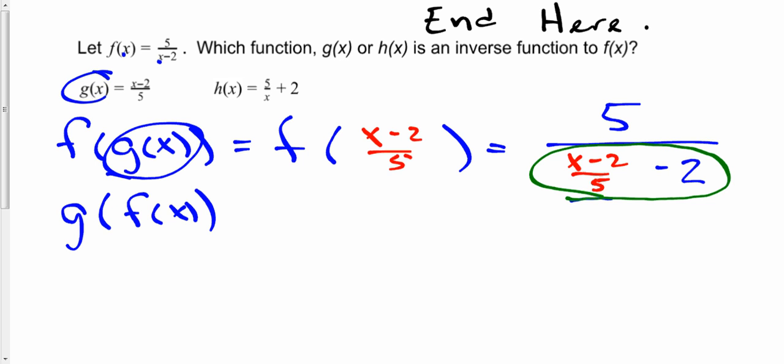Which one has a 5 in the denominator? This one has a 5. Does this have 5 in the denominator? So what do I need to multiply by? I need to multiply by 1, but that 1 looks like this. And that gives me what?